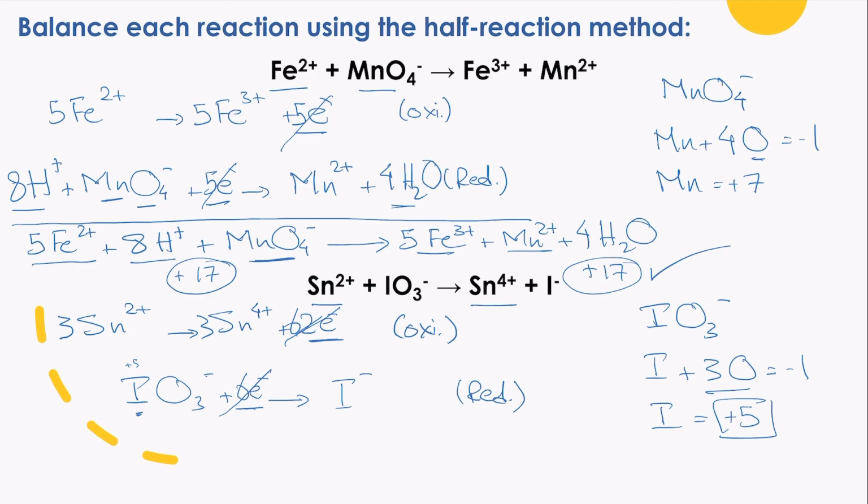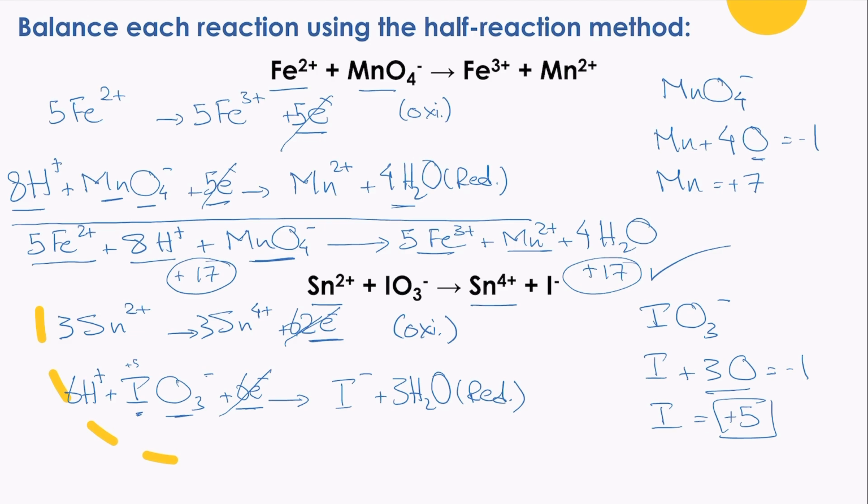And we have to now balance the atoms. We have here oxygen. So we need to add water on the other side. How many water molecules? 3 H2O, because we need 3 oxygens. What about the hydrogens? We have 6 hydrogens, so we'll add here 6H+.